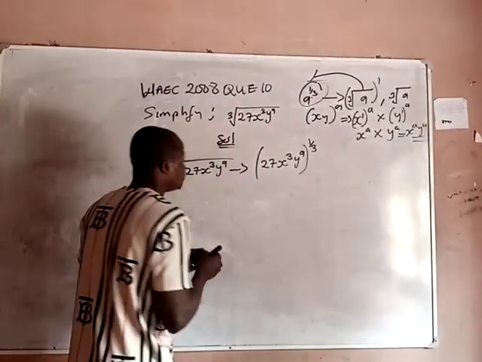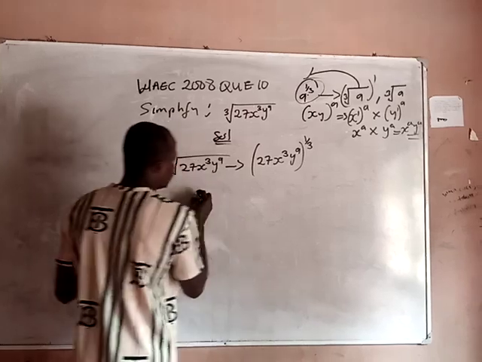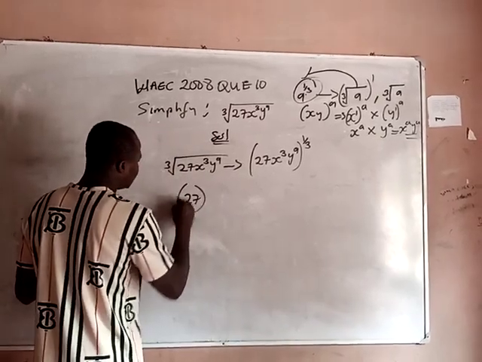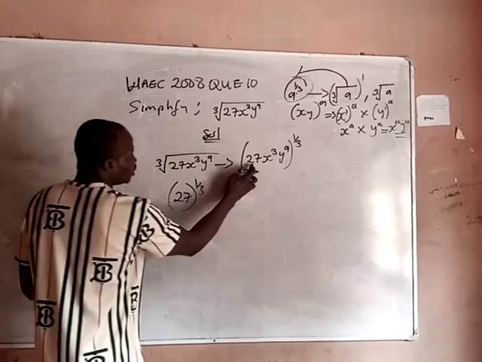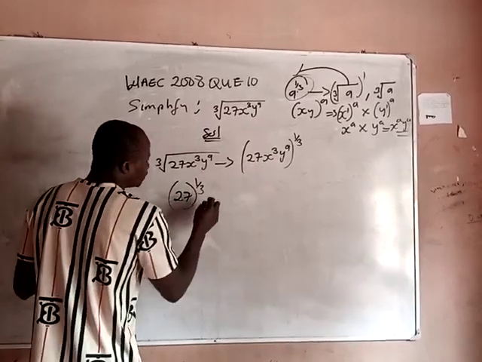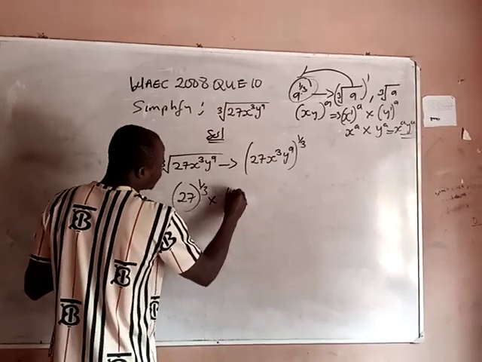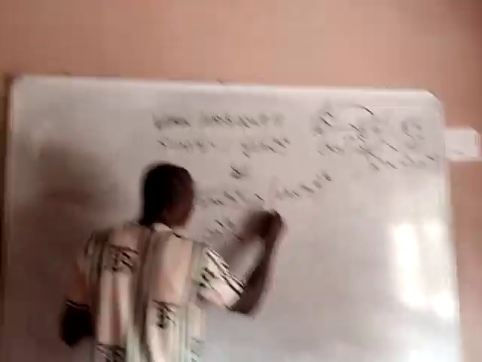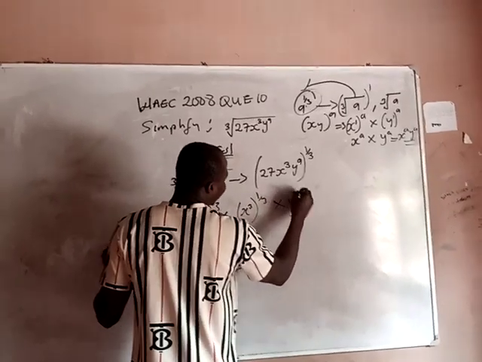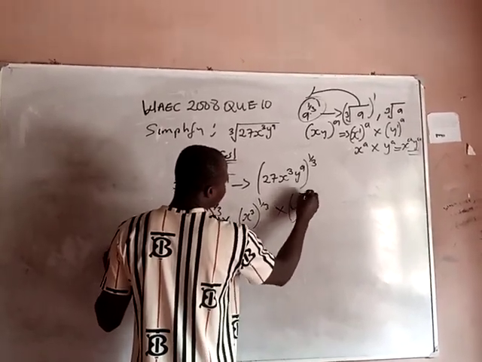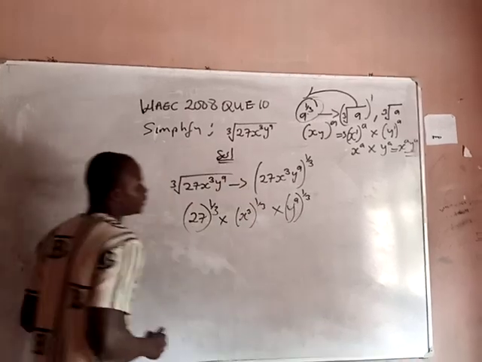Now, let's go. 27 raised to the power 1 over 3. We split the power onto each of the factors: times x^3 raised to the power 1 over 3, times y^9 raised to the power 1 over 3.